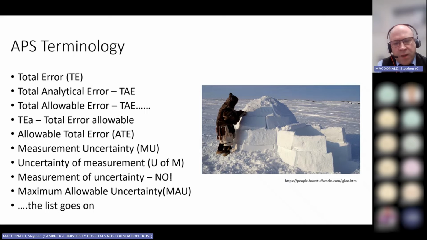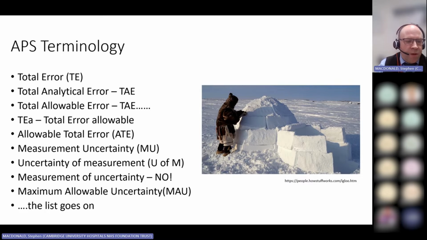But the total error approach was very much the mainstay from the mid-70s up until round about the late 90s when measurement uncertainty came onto the landscape, and that gave a different approach and a different way of looking at performance specifications, which, along with total error, are now the ways that we understand how to apply it in our systems. Measurement uncertainty, of course, is not just one single term. There's also uncertainty of measurement.